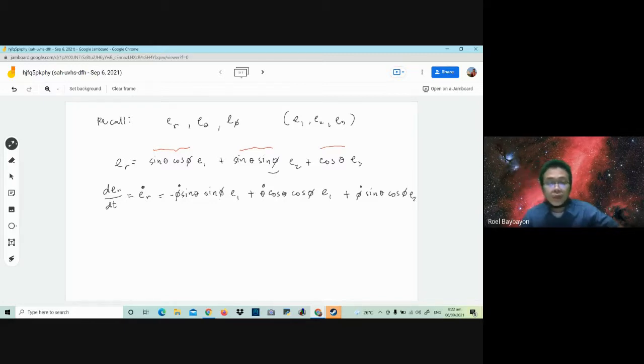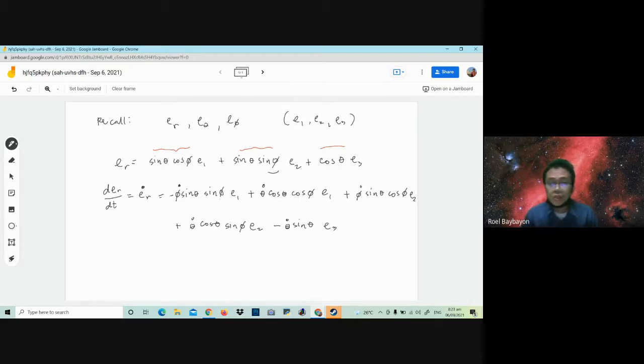Plus, I derive the sin theta, giving cosine theta theta dot sine phi e2. Then the derivative of cosine theta is minus sine theta, so I have minus sine theta theta dot e3. That makes five terms.